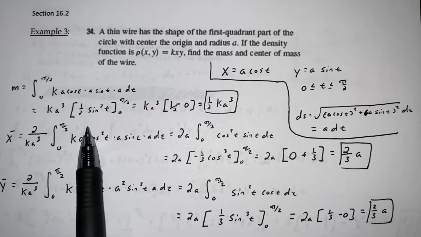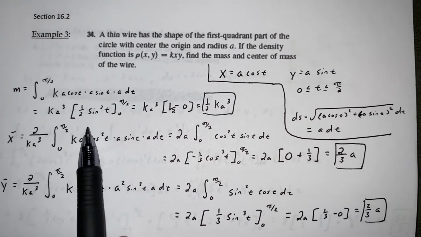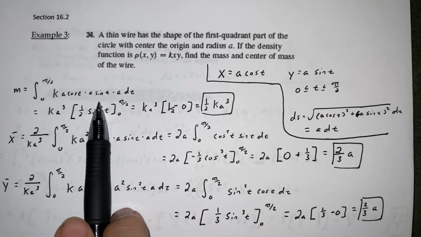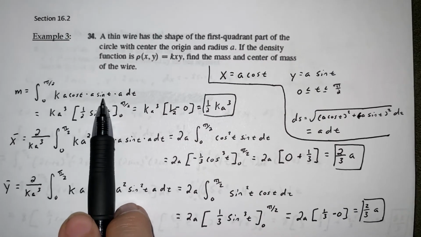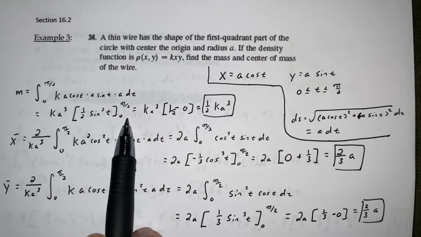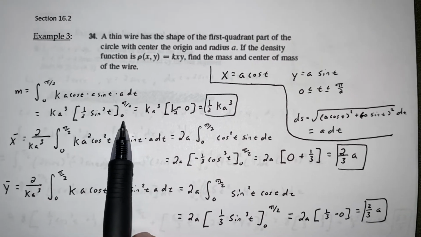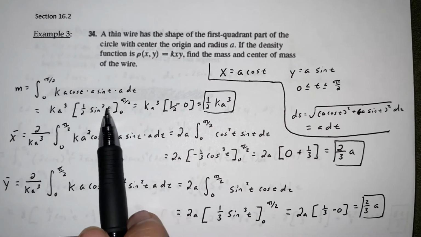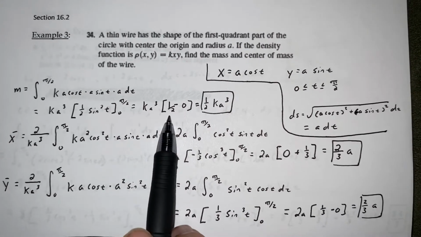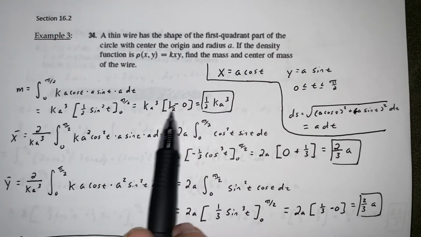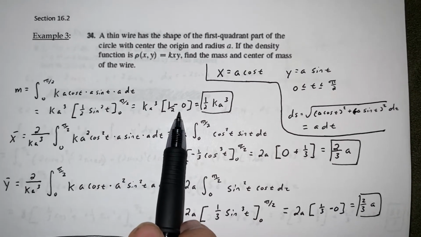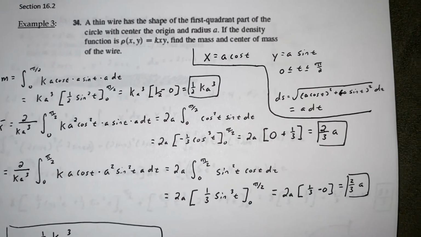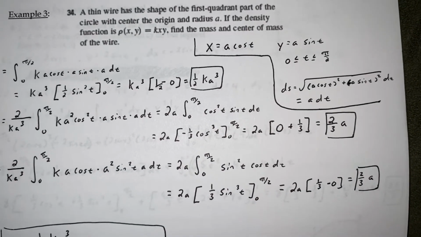On the inside, I have cosine t times sine t. The derivative of sine is cosine, so that's just 1/2 sine squared t. Evaluating from 0 to pi over 2, the sine of pi over 2 is 1, so I'm left with 1/2, and sine of 0 is 0, so I have 1/2 minus 0, which is 1/2. So my mass is 1/2 ka cubed.